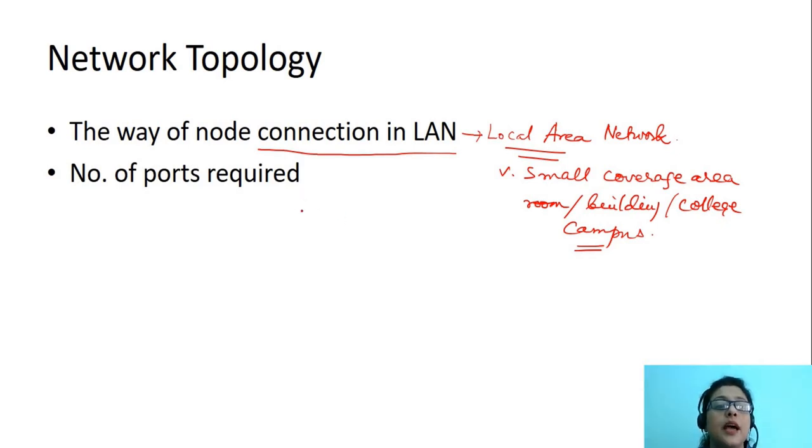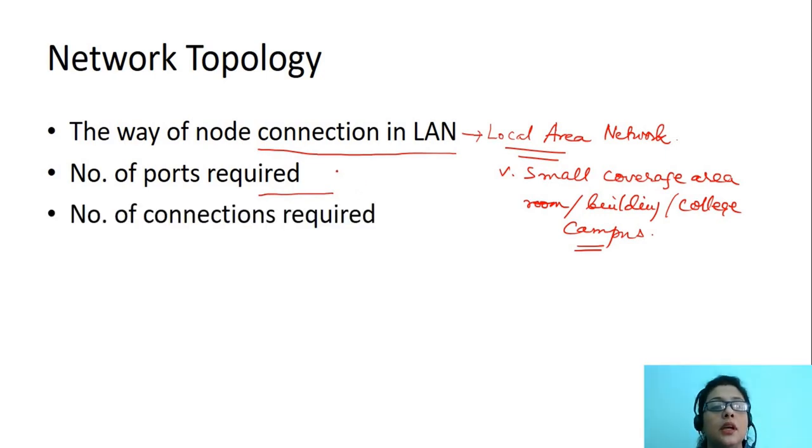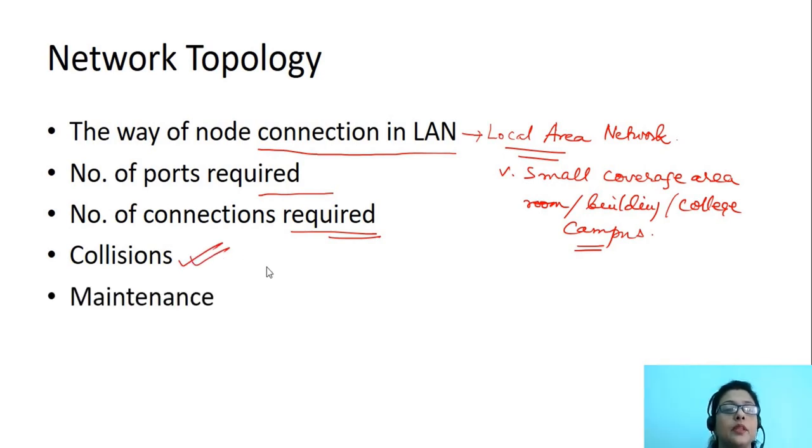Now, another important aspect of network topology is the number of ports that are required per node in the connection. Number of connections that are required in the network for data transmission. Whether collisions are there or not. What is the maintenance status?